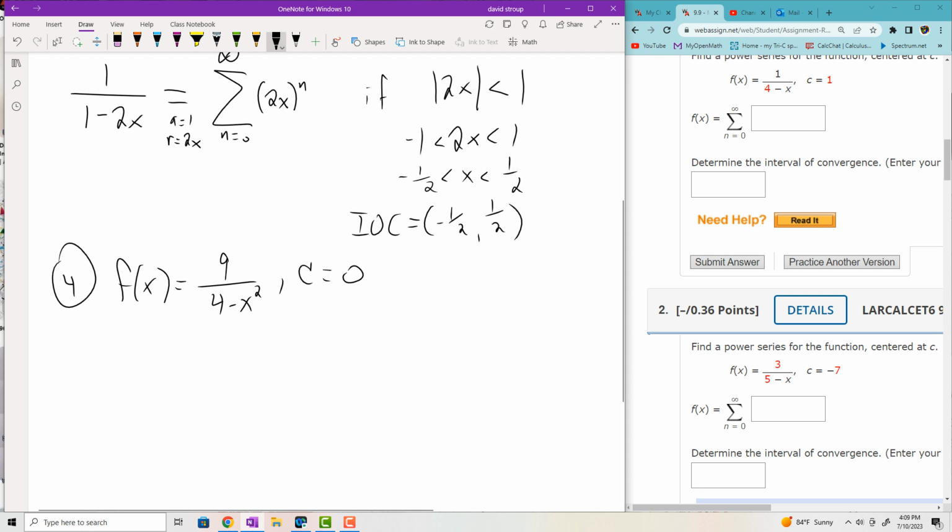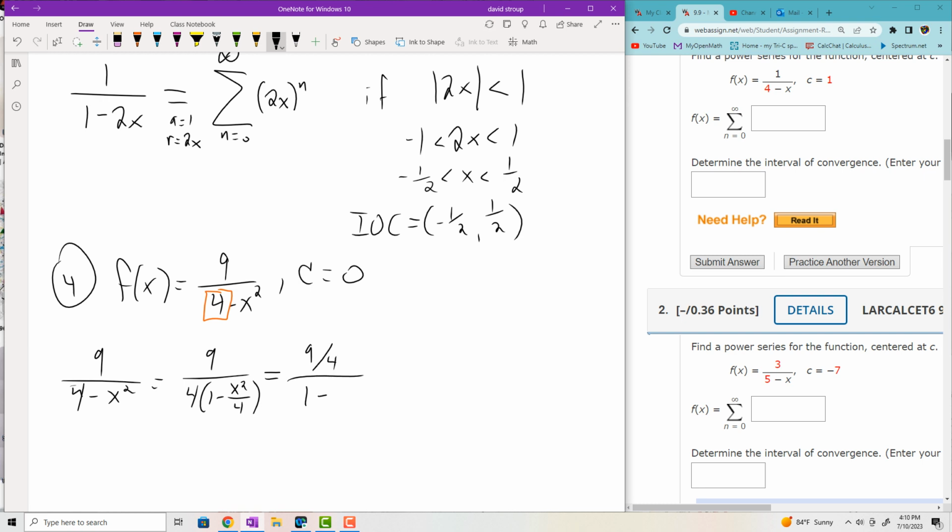But anyways, to pull this off, we need a 1 in this position here. So I'm going to have to do a bit of fancy footwork with my algebra. So this would be 9 all over, factor out the 4. And so I can have 9/4 as my a value, and then 1 minus x over 2 squared, or however you want to play it.